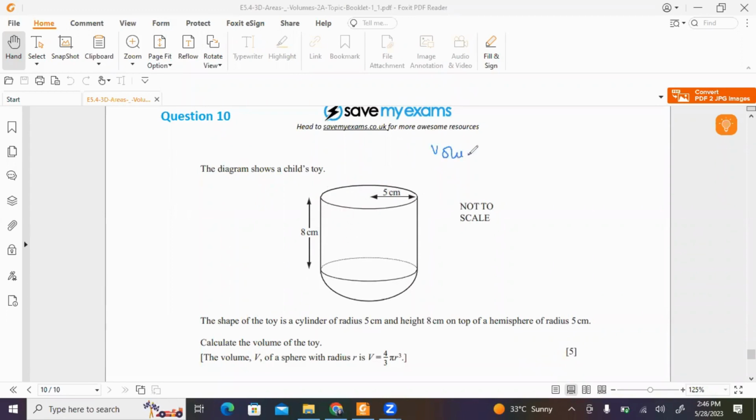So the volume of a cylinder is pi r squared h. r is 5, height is 8. So plug the values in the calculator: pi times 5 times 5 times 8. That is 628.3.